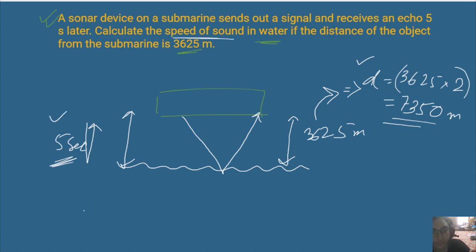So S equals 2D by T, and we've already found 2D, 7250 divided by T, which is 5.